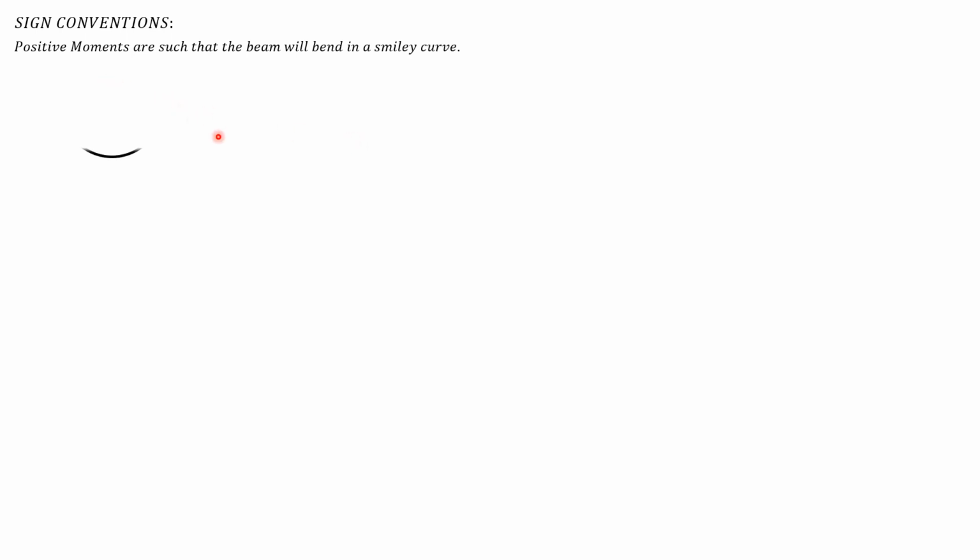This is really the positive bending, and this bending will only occur if the moment at the left is clockwise and the moment at the right is counterclockwise.